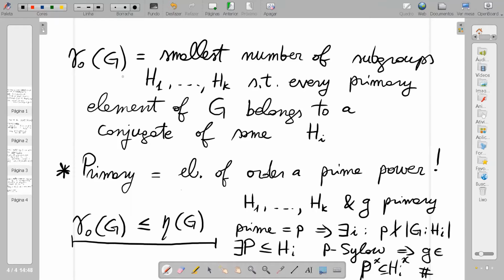This is a different type of covering problem, because you see, we have conjugation here. Essentially, Francesco studied these two numbers, gamma 0 and nu.